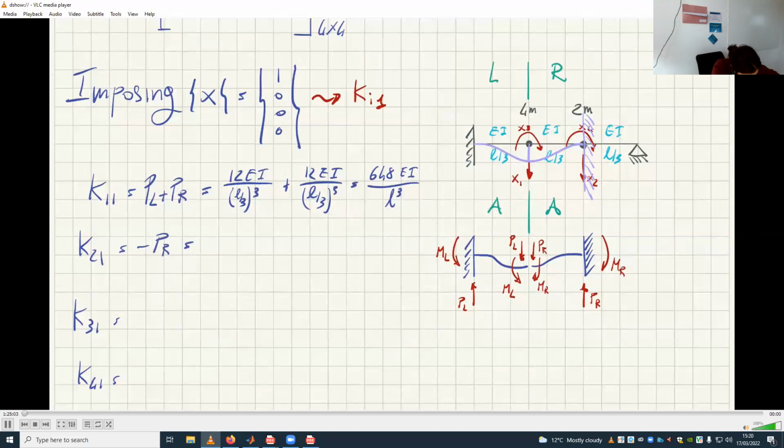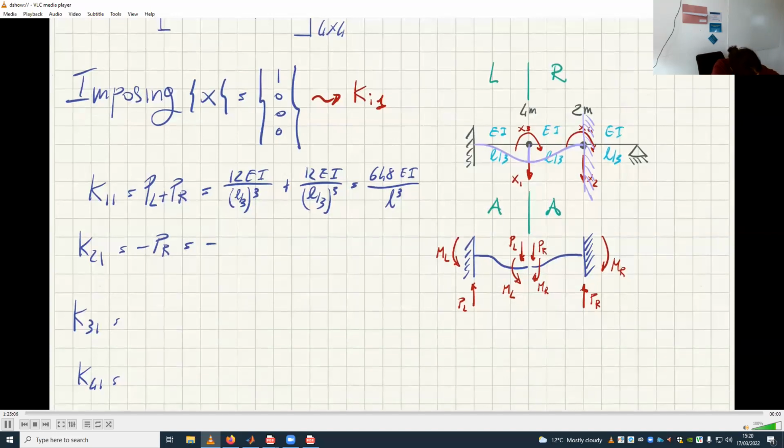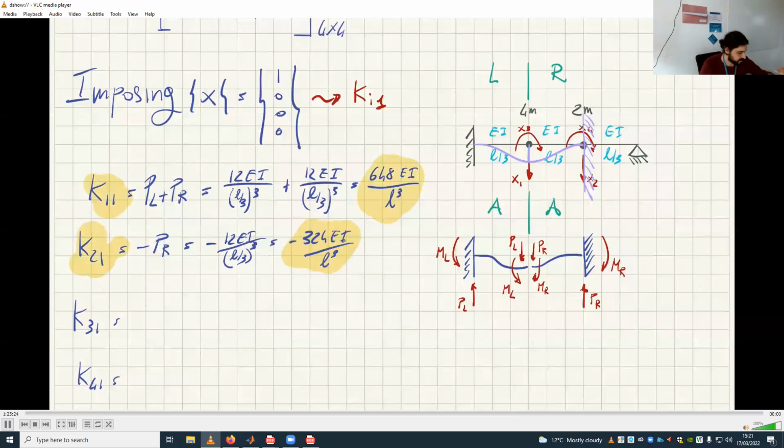So it's minus 324. So minus 12 EI over L divided by 3 cubed is minus 324 EI over L cubed. Okay, this is K11, this is K21.